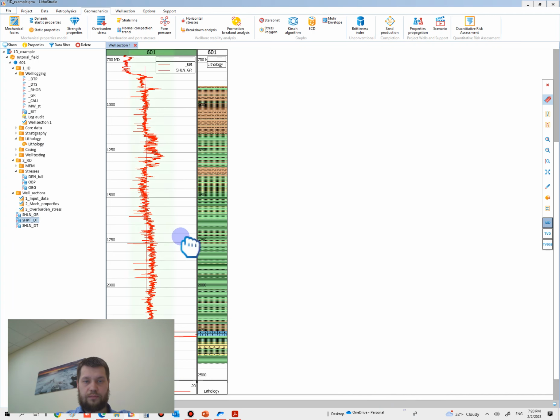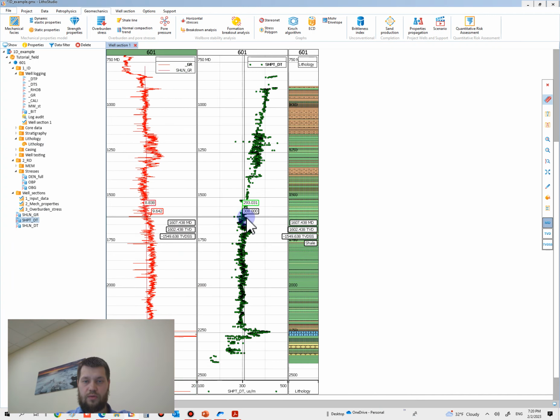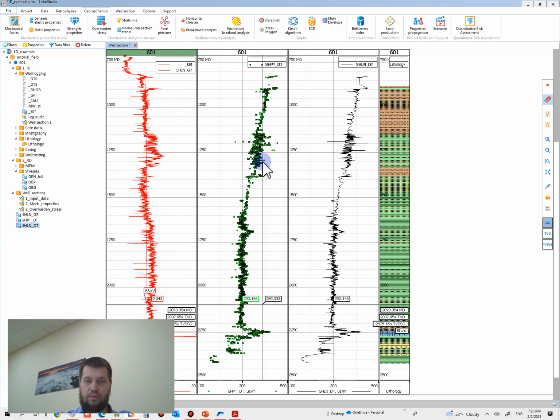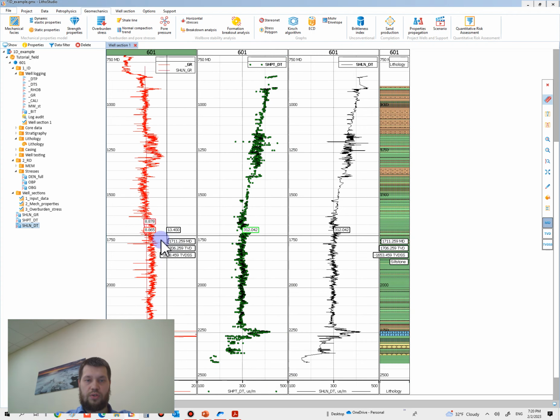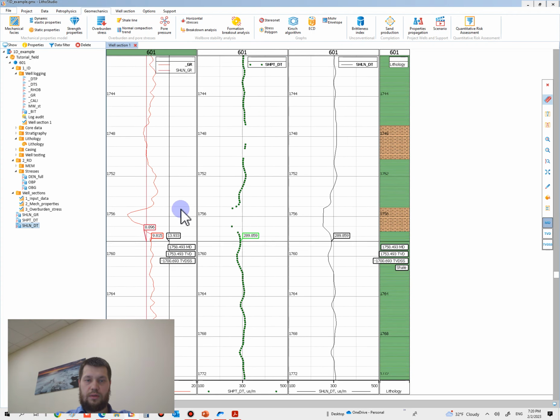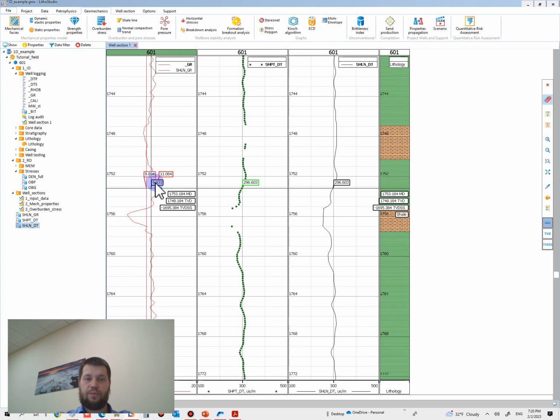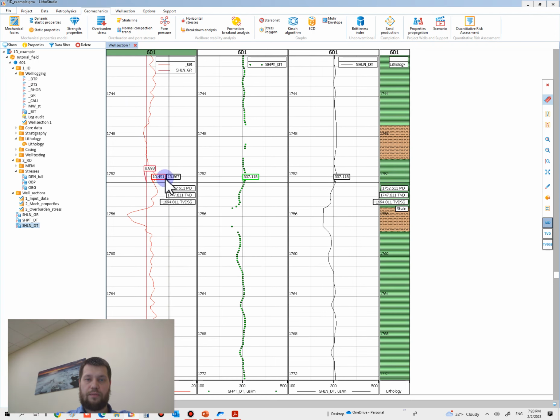Now let's make a visualization of points. These are the shale points that correspond to the right part of this border.